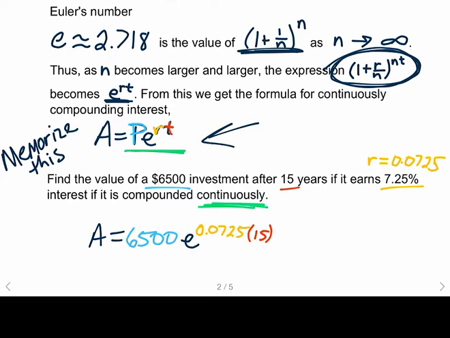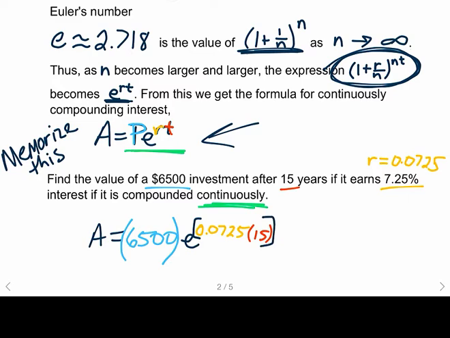Well, now as far as calculator stuff goes, the 6,500 in the expression is a coefficient. And so that's not part of the base because there basically aren't parentheses around the 6,500 in the e. Okay? What you need to let your calculator know is that the 0.0725 times 15 is all one exponent.